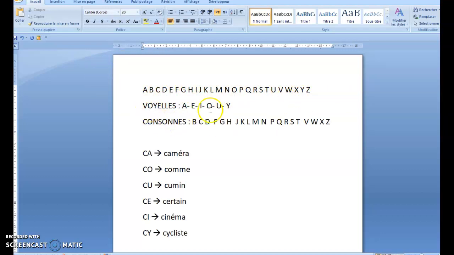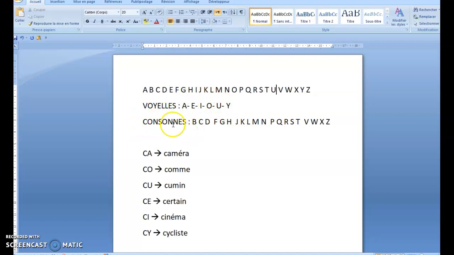So as you can see, we have 6 vowels, les voyelles: A, E, I, O, U, Y. As for Y, it's like double I. We're going to see this later.